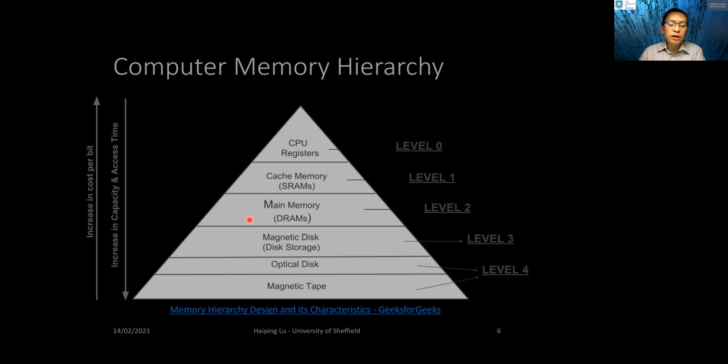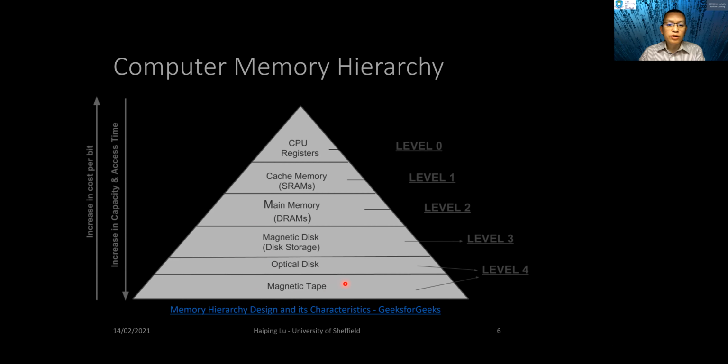So then moving down are the RAMs, right? That's when we buy a computer, you look at the RAM, the memory. We are talking about the main memory over here. They will be even slower and even cheaper per bit. And then moving downwards, that will be the magnetic disk, the disk storage, including your SSD. And then moving further down is the optical disk, such as DVD or compact disc. And at the bottom is the magnetic tape.